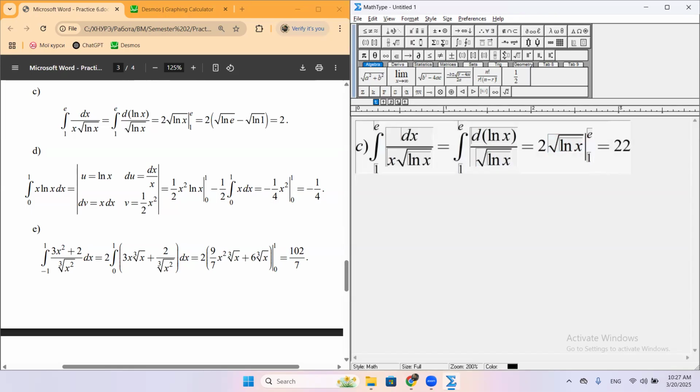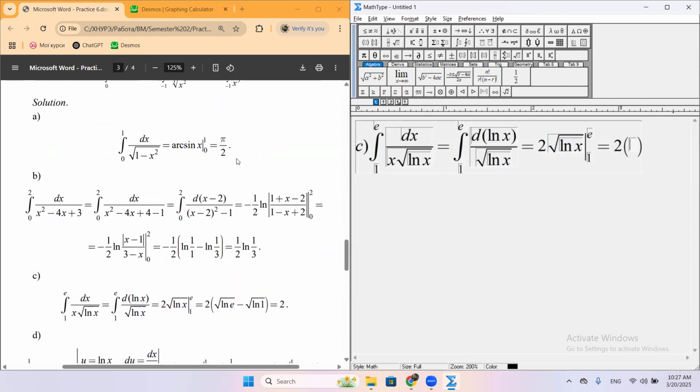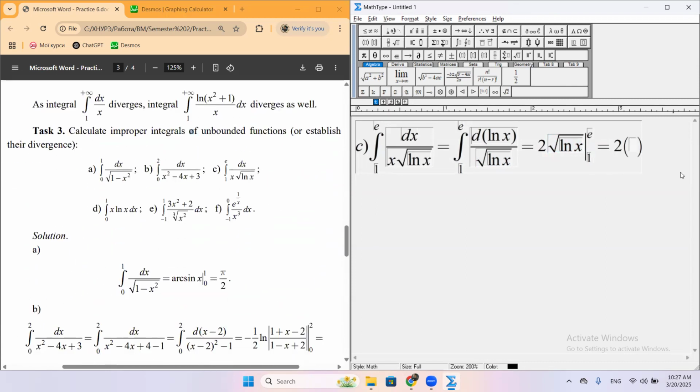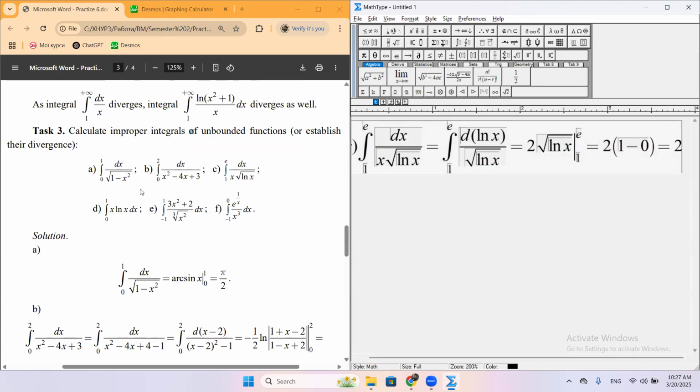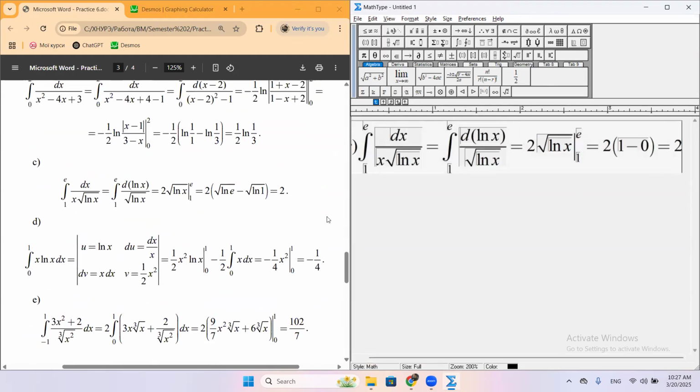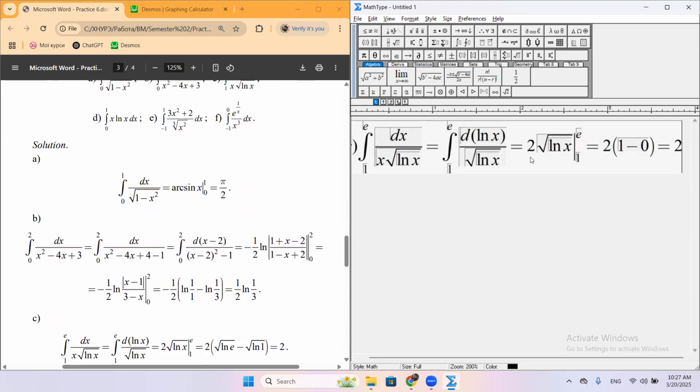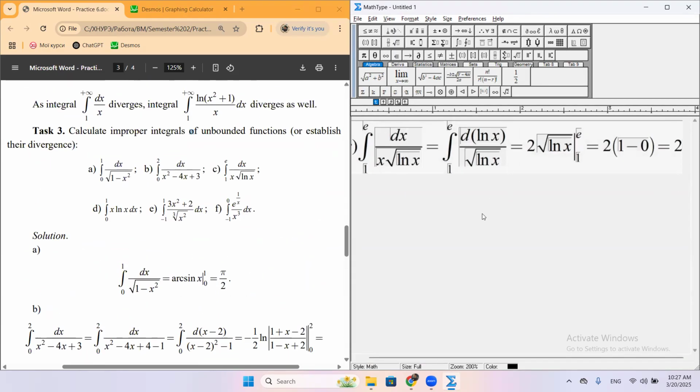And what do we have? So 2, logarithm of e, so 1, and minus 0. So the result is 2. Actually the same here, because logarithm of e minus logarithm of 1.